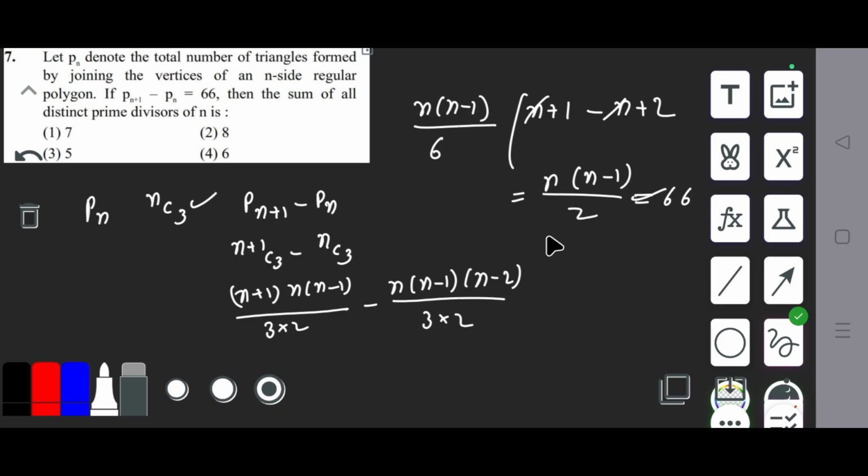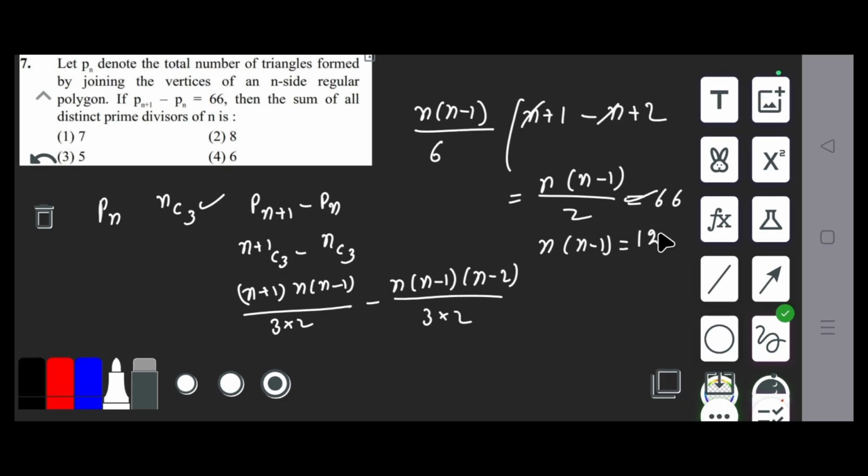Cross multiplying, n into n minus 1 is equal to 132. The 132 you have to write as 11 into 12. So the bigger value, n is equal to 12. The prime factors of 12 are 2 into 3. So 2 and 3 are prime factors. The sum of the prime factors 2 plus 3 is equal to 5. The answer is 5.